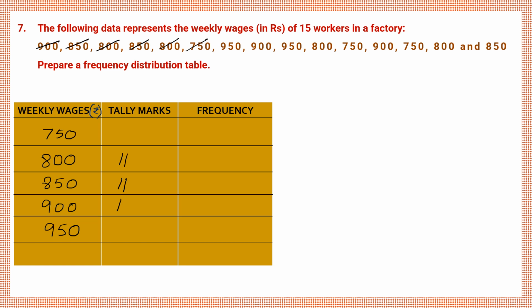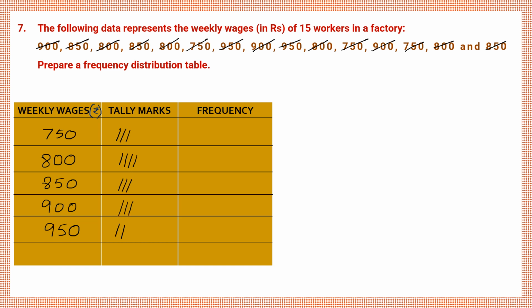Then 750, 950, 900, 950, 800, 750, 900, 750, 800, 850. So we've got all our tally marks there.